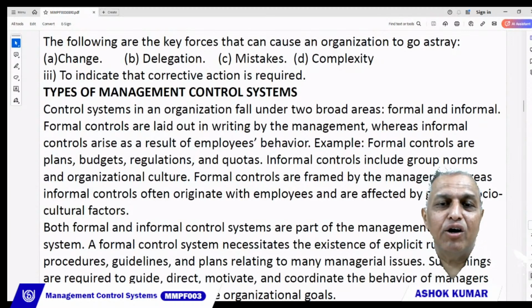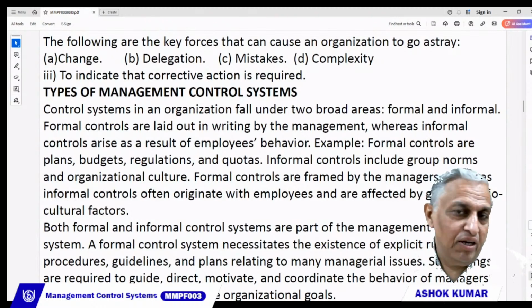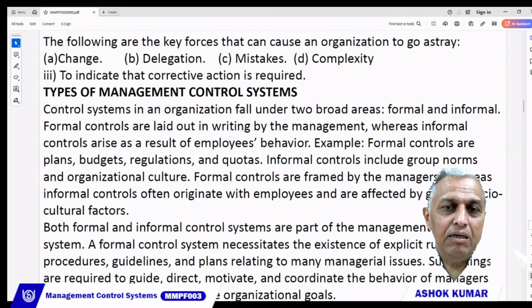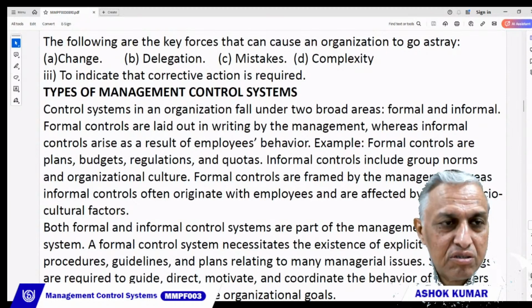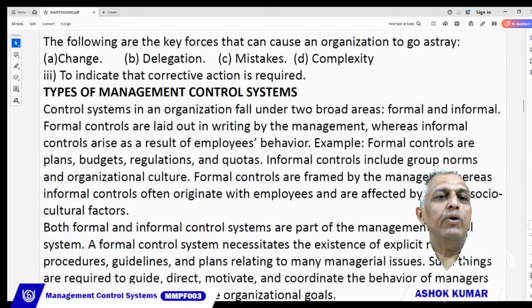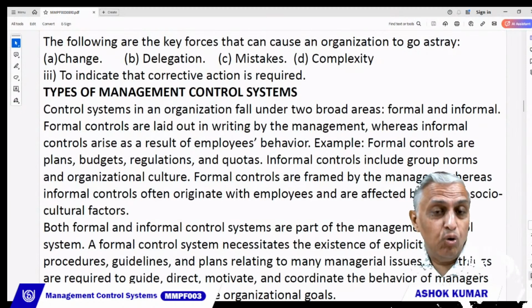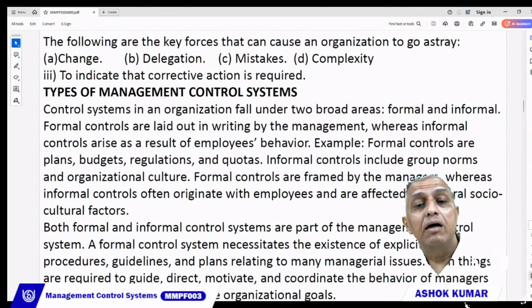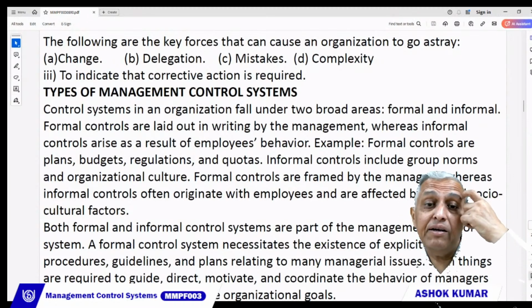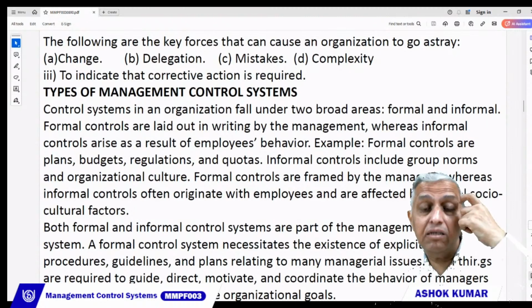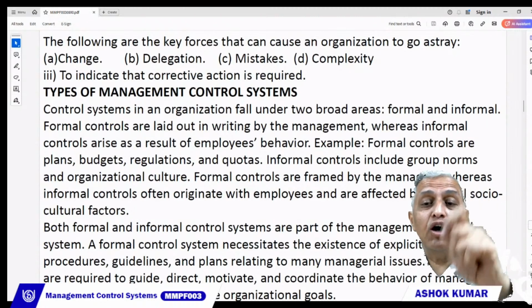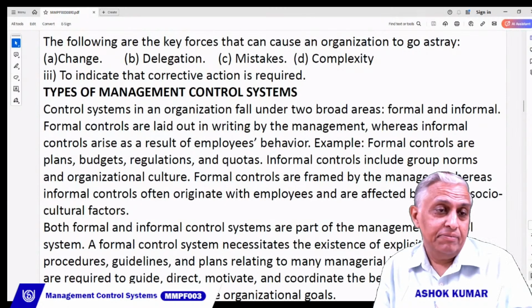So complexity is according to the individual's perception and educational level. If there is complexity, it will result in varying decisions in different units. To indicate that corrective action is required: if you need training to be given, yes, you have to give them training. If they have to know certain things in theory, they have to be made known, because the ultimate factor is that there should not be any mistake, or the worker should not feel it as complex.